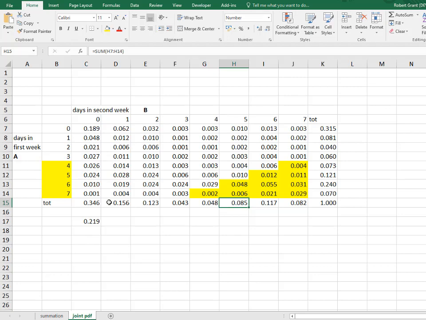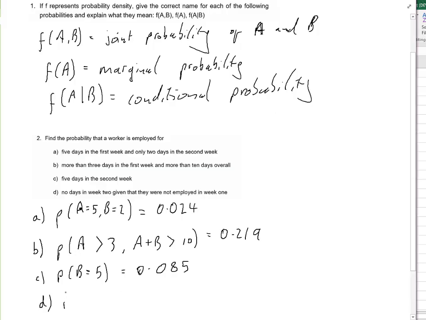So that's the probability of B equals 0, given A equals 0.